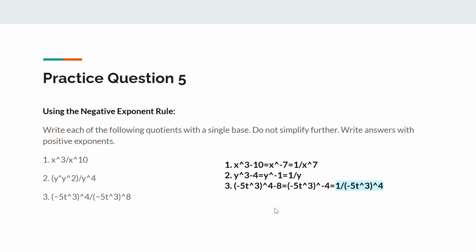For the last one, we got negative 5t to the power of 3, to the power of 4 minus 8, so negative 5t cubed to the power of negative 4, which is just 1 over negative 5t cubed to the power of 4.